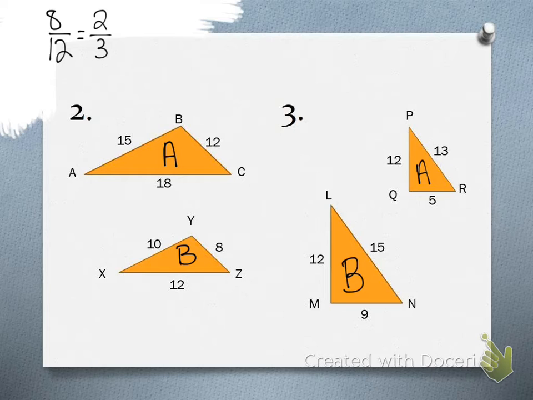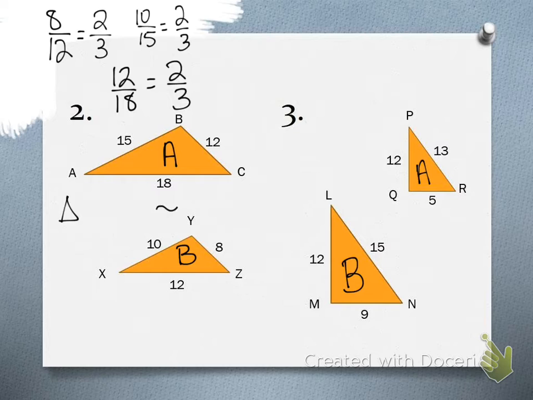Okay, what about the second smallest side from B? 10/15 reduces to be 2/3. Okay, we're in good shape. We still have to check the last pair, which would be 12/18. Reduces to be 2/3 as well. So I agree these are similar.